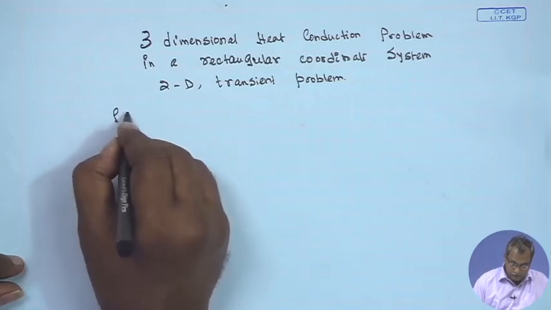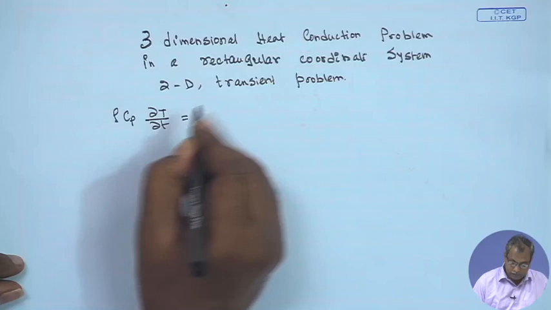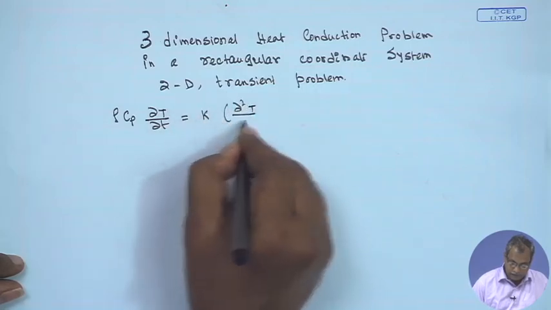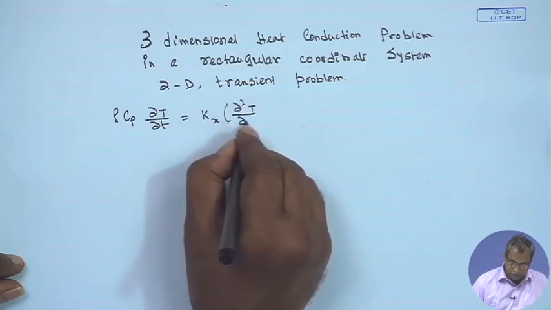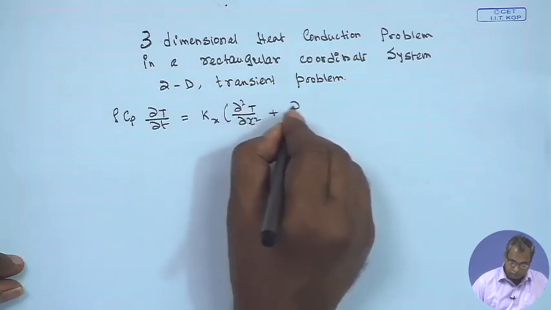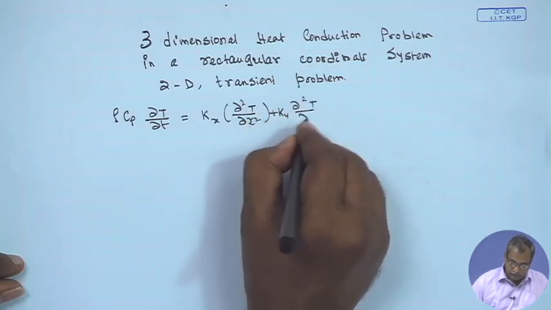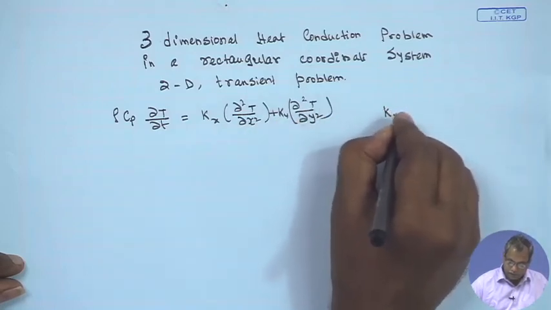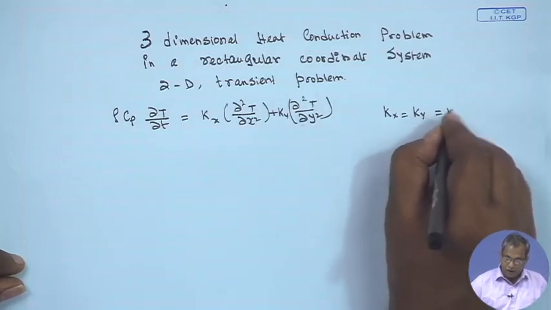So, if you look into the governing equation, this becomes rho Cp del T by del t equals k times del square T. In fact, it will be kx del square T del x square plus ky del square T del y square, and we assume that thermal conductivity is isotropic, the same in all directions.